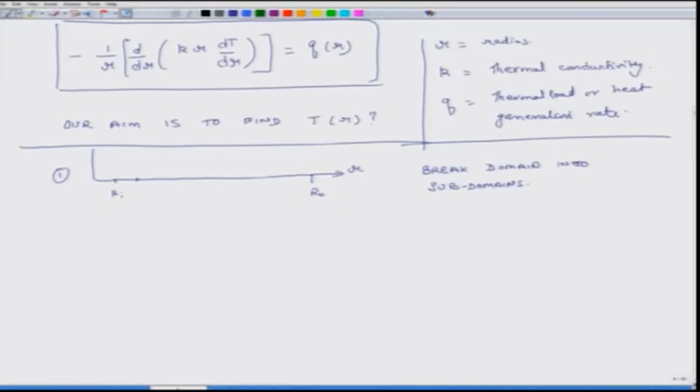So this is boundary of first element, boundary of second element, boundary of third element, and so on and so forth. And this is the boundary of nth element. So this is my first element, second element, third element, and so on and so forth, and I get my nth element here. Is this clear? This is the first step. Second step.